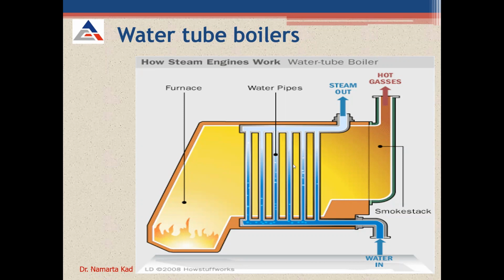When it goes up, as we know, steam is lighter and it starts flowing in the upward direction. This steam is taken out for any other application. So this is the basic process for the water tube boilers.